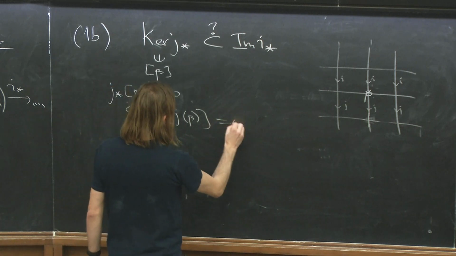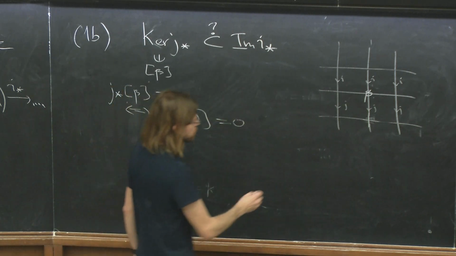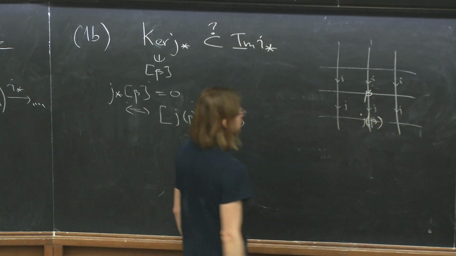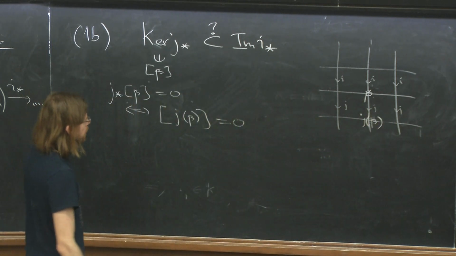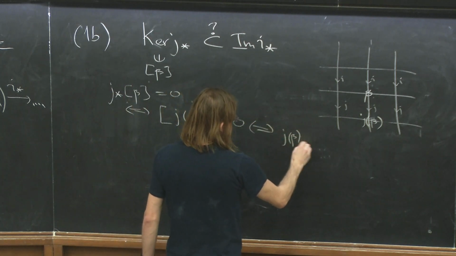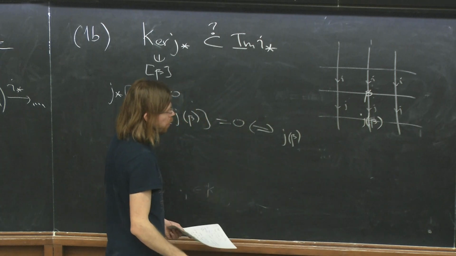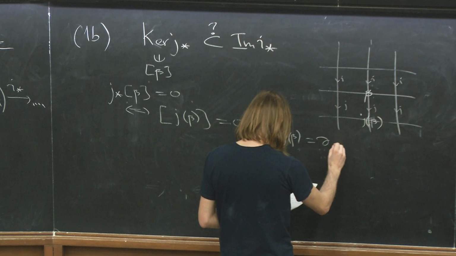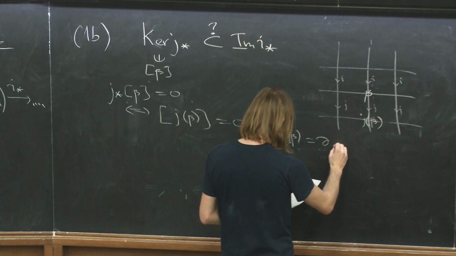And this is 0. This is equivalent to saying that J of beta gives a trivial element in homology. This means it's D of something. Let's say D of gamma.